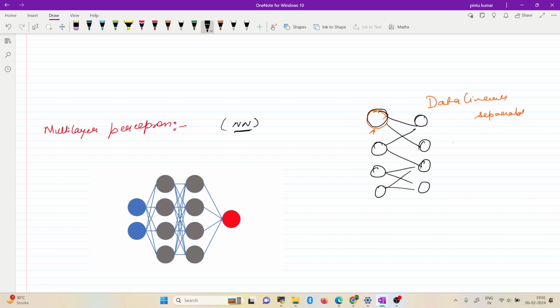This way we form a network of perceptrons or neurons. That's why it is called a neural network or a multi-layer perceptron. This over here is your input, the last one is your output, and the layers in between are known as hidden layers.